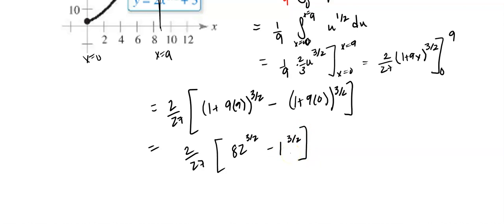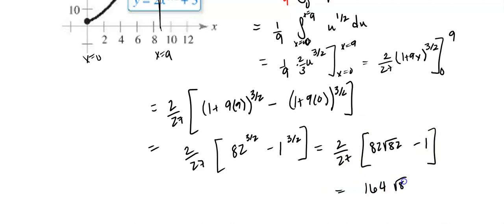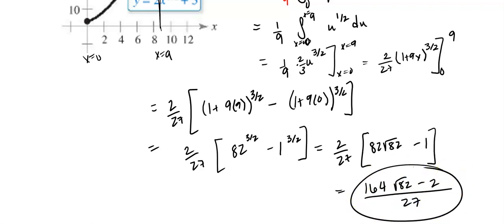There's no real nice way to write this. I can go ahead and make anything to the 3/2 power that number times the square root of that number. It's not really better, but you could leave it there. Or if you like, you can bring that 2 in and have 164 square root of 82 minus 2 all divided by 27. Either one's fine, but that would be my final answer.